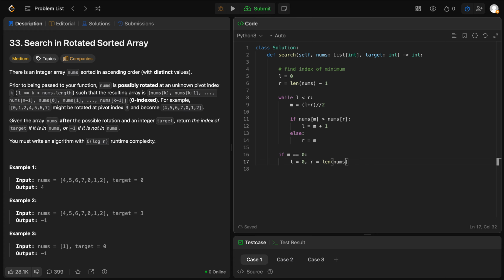Else if m is not 0, then else if nums of 0 is greater than target, then again left is equal 0 and right is equal mid minus 1.